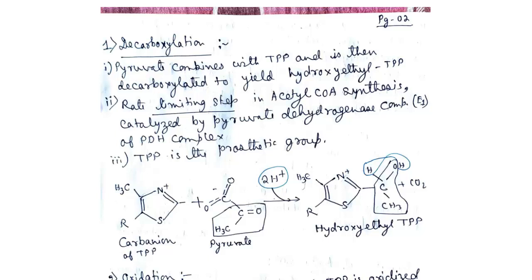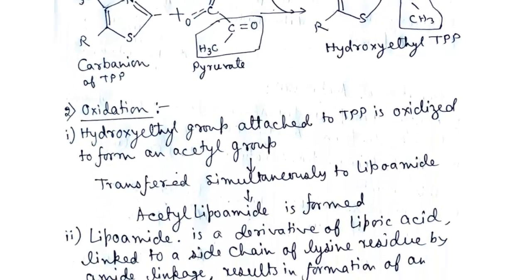It is catalyzed by the pyruvate dehydrogenase component of this complex, and as I have already mentioned, thiamine pyrophosphate is the prosthetic group. Here what happens? Here the carbanion group of thiamine pyrophosphate reacts with pyruvate to form this hydroxyethyl thiamine pyrophosphate.